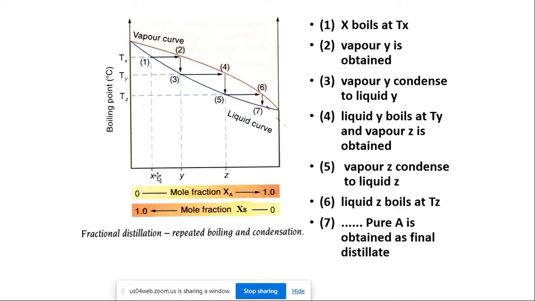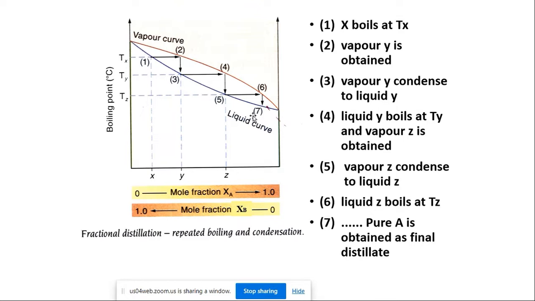If you consider A, at the point X you have less A and higher B. At this point, you can identify the boiling point of this mixture, right?